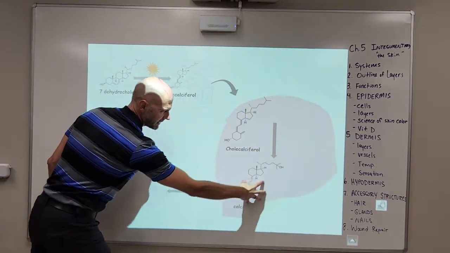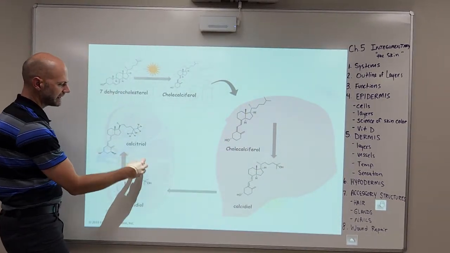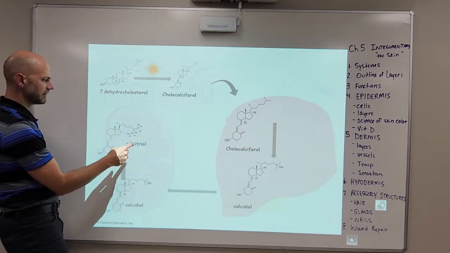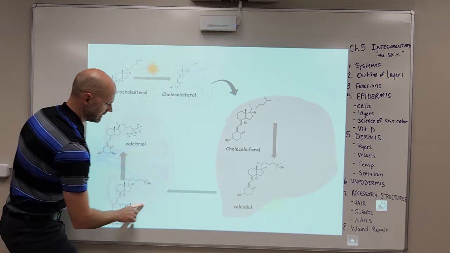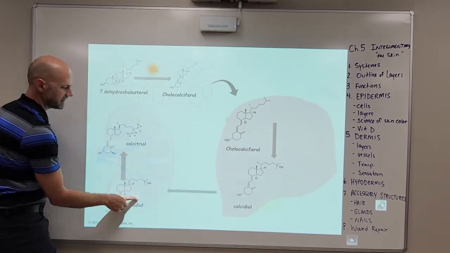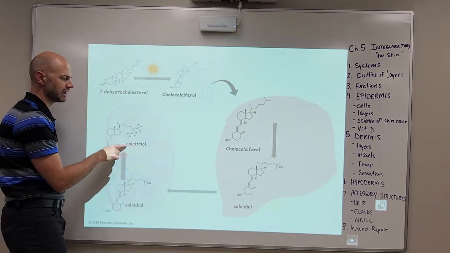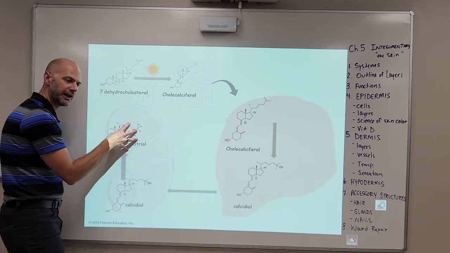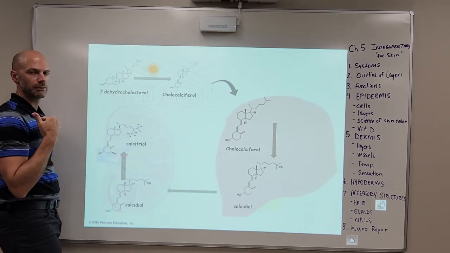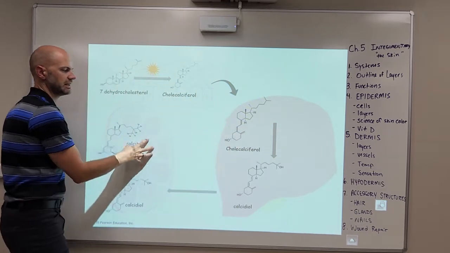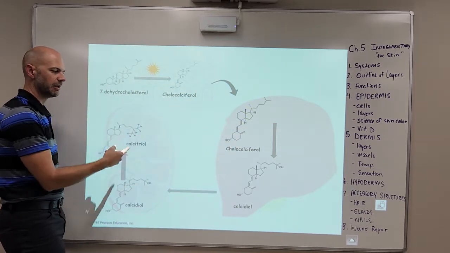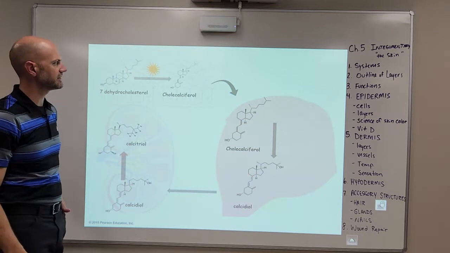It travels from the liver to the kidney. Calcidiol goes to the kidney, gets converted into calcitriol, and this molecule helps us signal to absorb more calcium. Skin, liver, and kidneys work together to help absorb calcium.